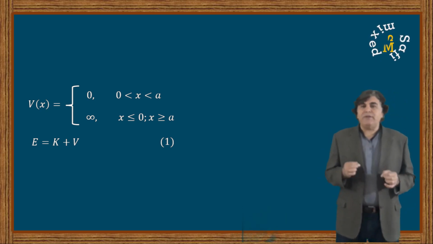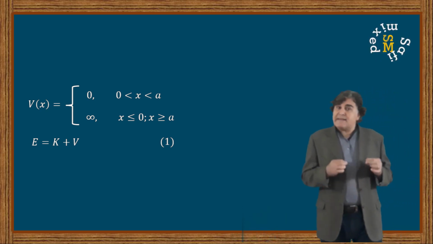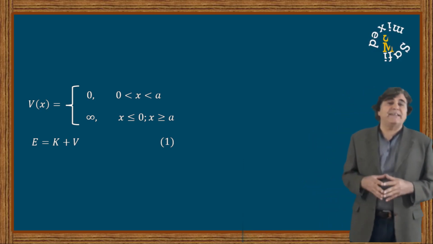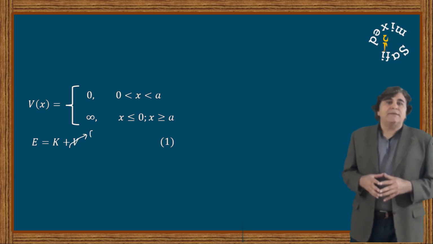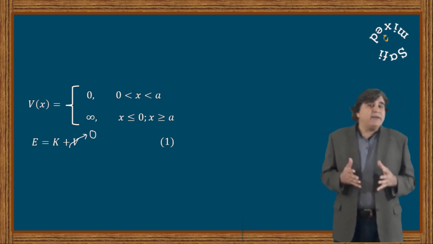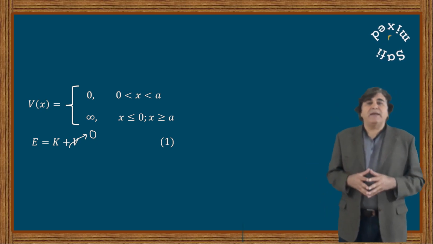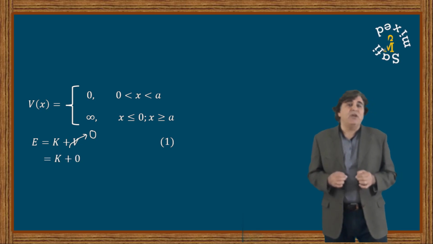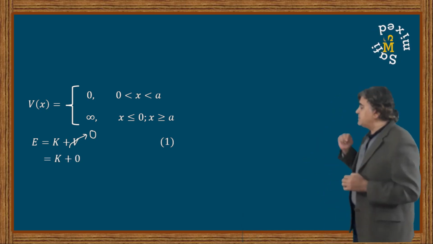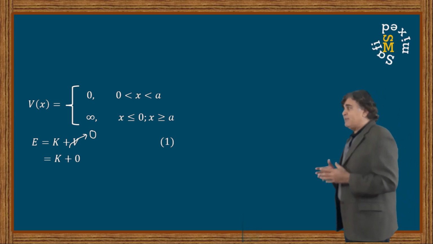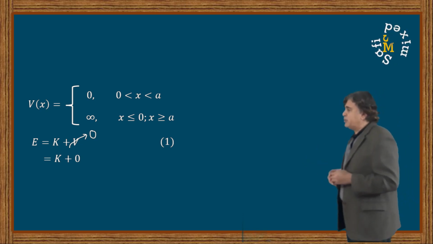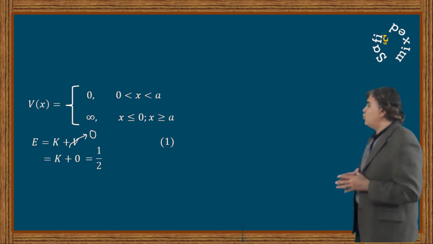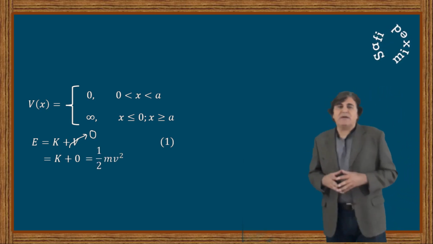Since we are dealing with an infinite potential well, and inside an infinite potential well the potential energy we are supposing is 0, so the total energy for a particle of mass m moving with velocity v is simply equal to kinetic energy. That is, equation 1 becomes E equals K plus 0, where 0 I am writing for potential energy, and that is in fact equal to half m v squared, where m is mass of the particle.